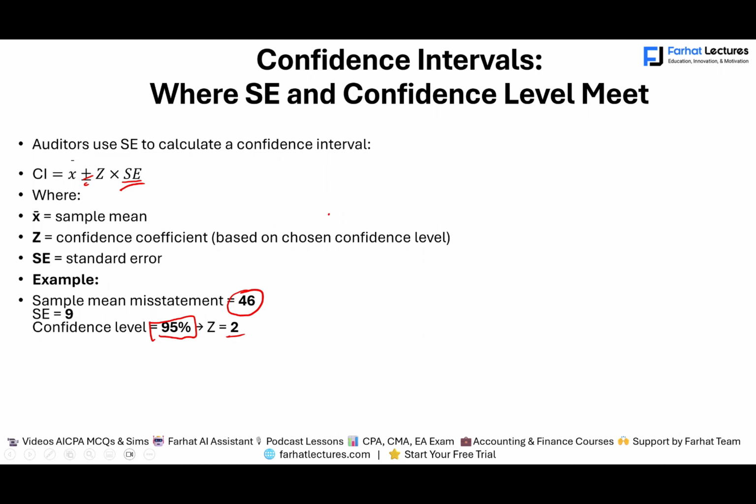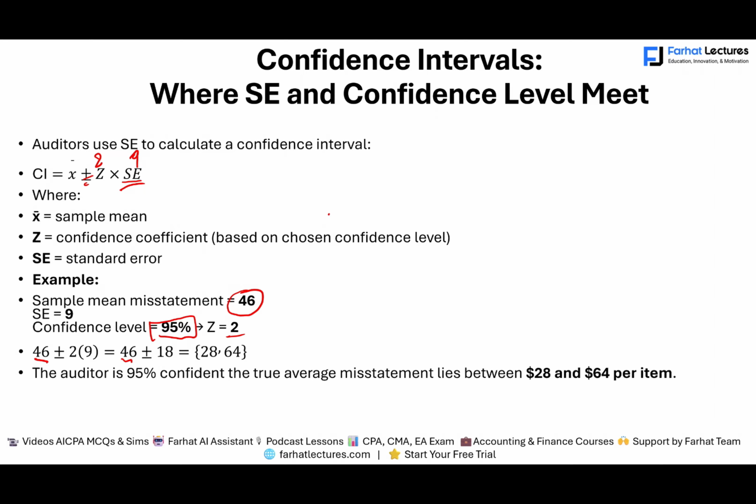Well, let's compute the confidence interval for this sample mean misstatement of 46. 46 plus or minus Z of 2 times the SE of 9 equals 46 plus or minus 18, which is a large range. It means the auditor is 95% confident that the true average misstatement lies between 28 and 64.